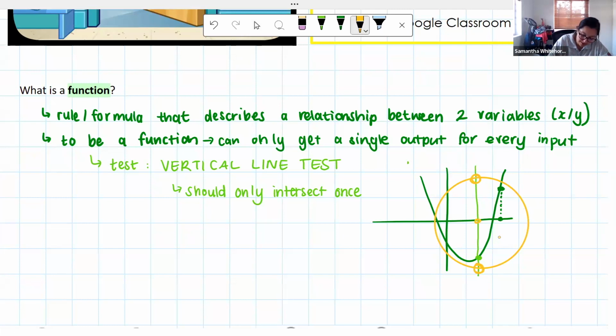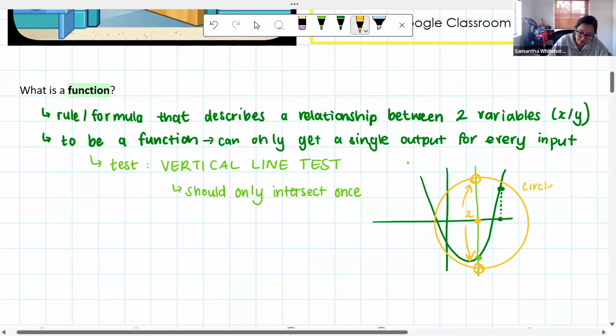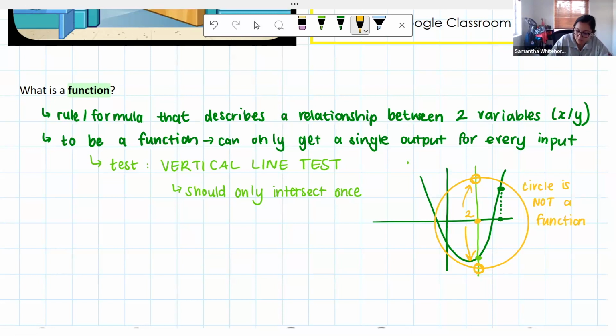So for one single input, let's pretend that's 2, I'm getting 2 different outputs. I can't have that if I want specifically a function. And so in this case, a circle would fail my vertical line test, and so a circle is not a function. And we're going to chat about what it is then in a second.